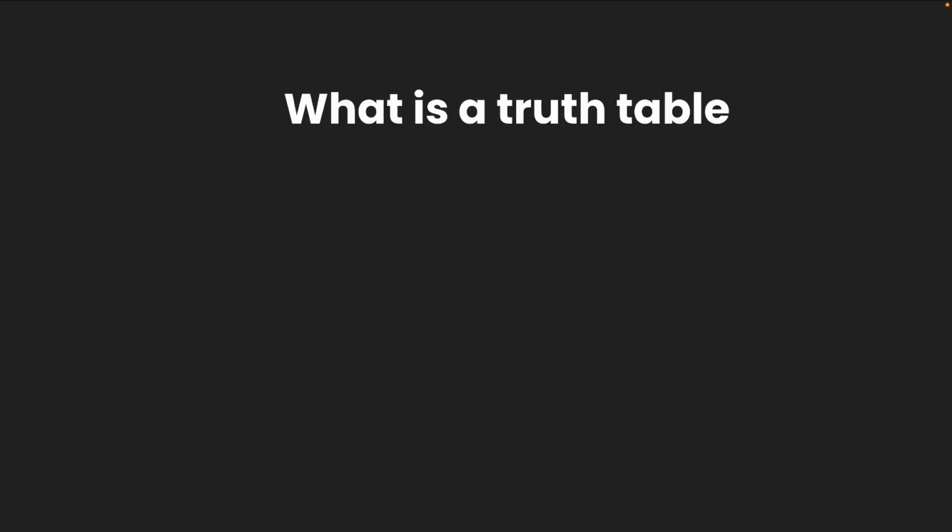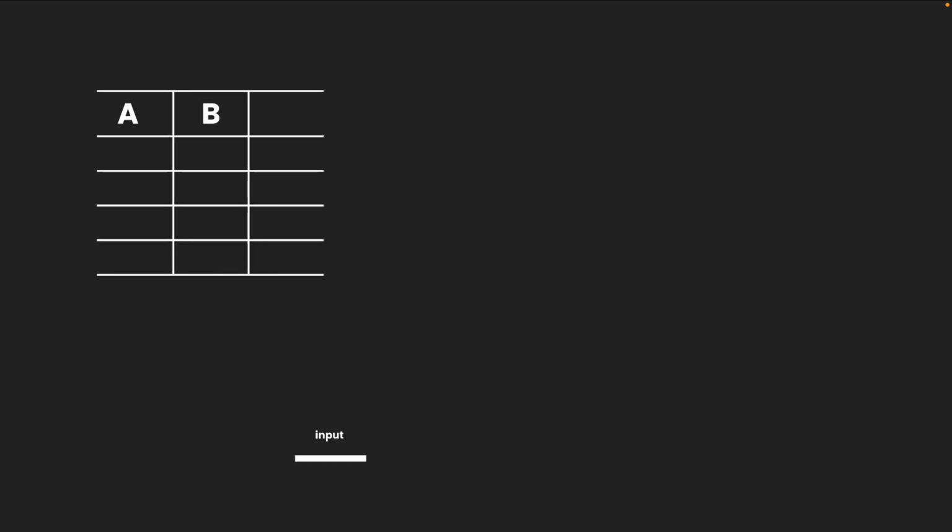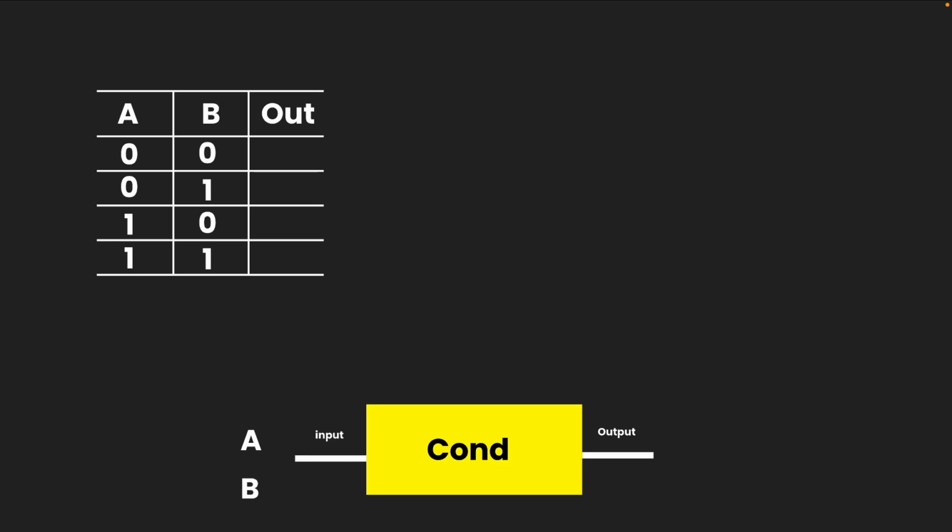But first, what is a truth table? A truth table is like any other grid, where we have a set of inputs, A and B, and then we need to fill those input columns with all the possible combinations of inputs. Say, for example, 0 0, 0 1, 1 0, and 1 1. And then our output is derived from both the inputs being inputted and then a condition.